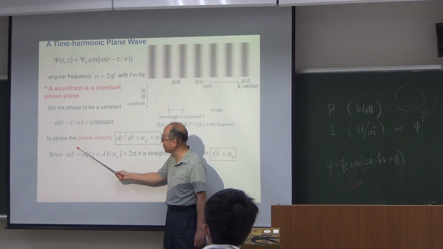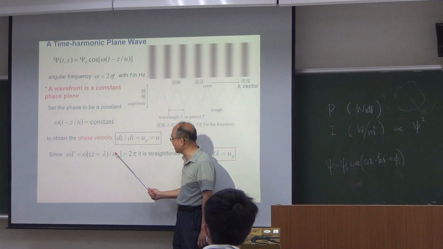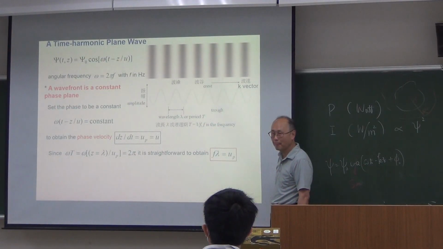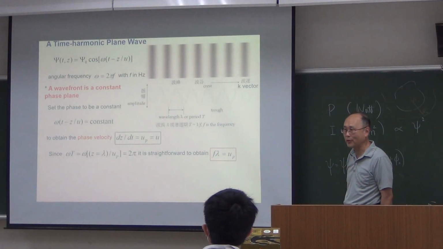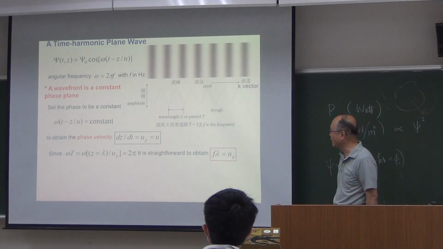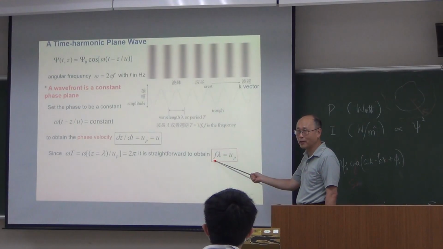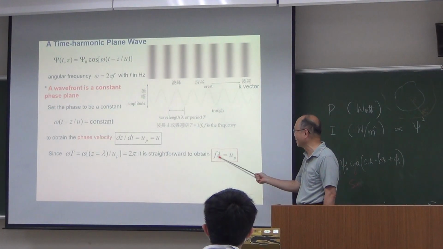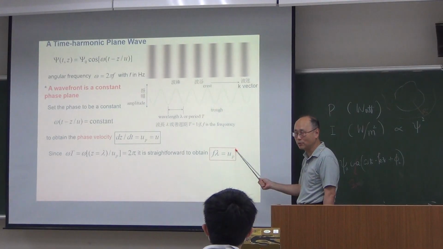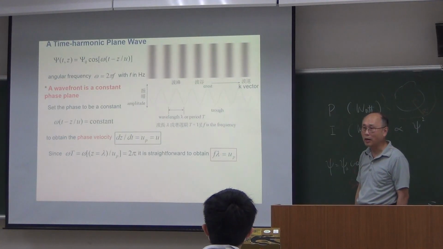So put the temporal period here, and then set it equal to 2 pi. That is the period of the cosine or sinusoidal function. Then you end up having a relationship between the spatial period and also the temporal frequency. The multiplication of these two is equal to the speed of the wave.